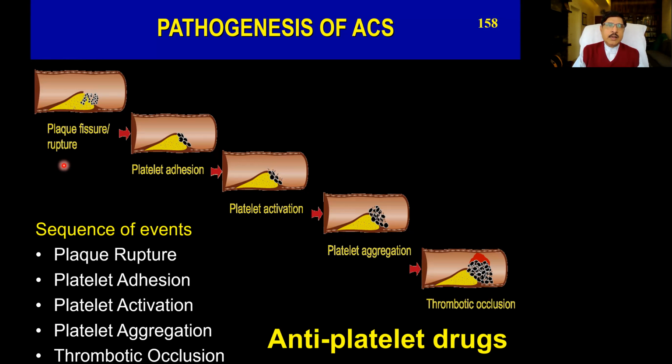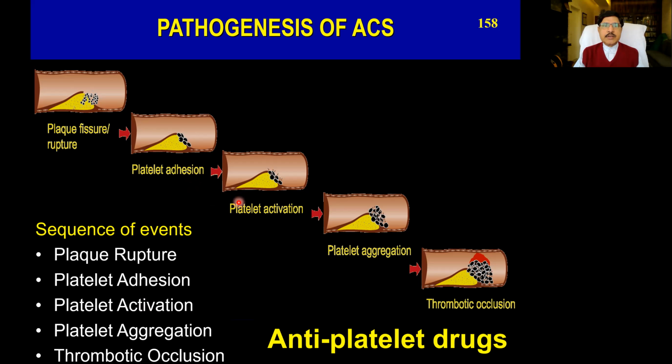So what exactly is happening? You can see the plaque fissure or rupture, vulnerable plaque. The cap is open, and then the first thing that occurs is platelet adhesion. That is why you use antiplatelet agents immediately to see that the platelets do not adhere. But when they adhere to the ruptured plaque area, they get activated.